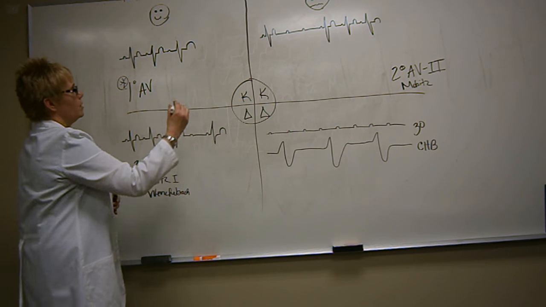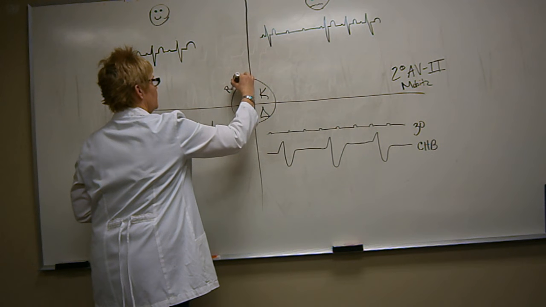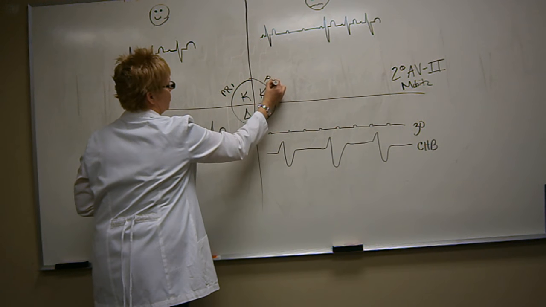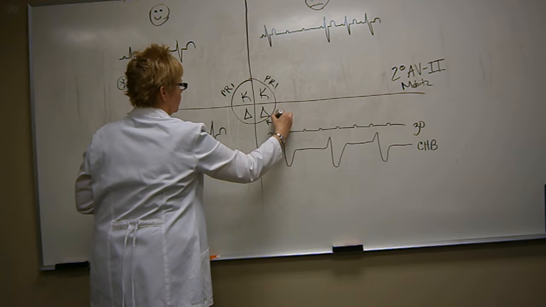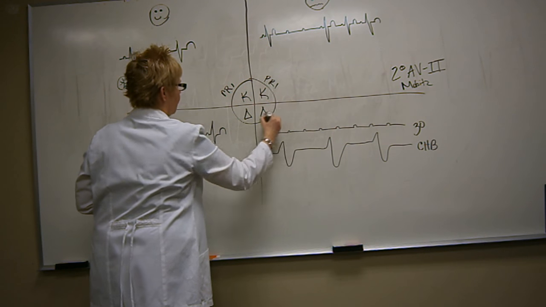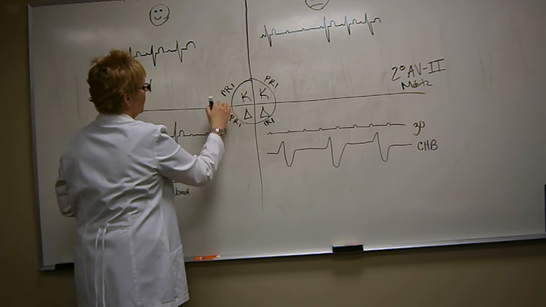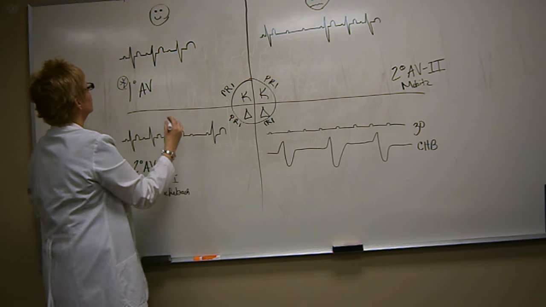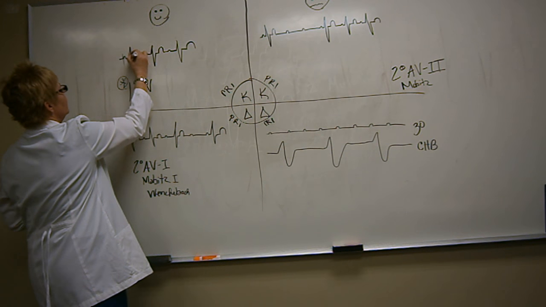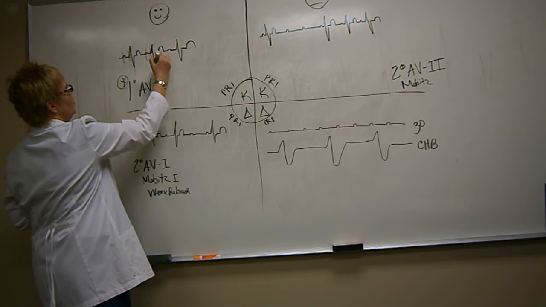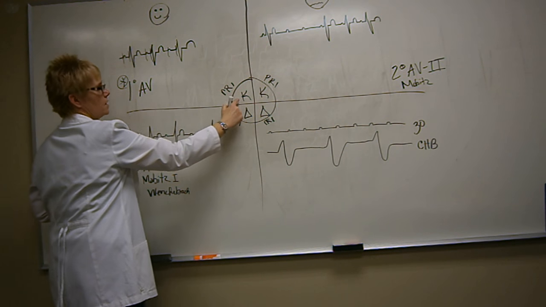So the PR intervals, okay, so if you imagine PRI, PRI, and PRI, the PRI on the first-degree block is constant. So every time you measure the PR interval, it is constant.